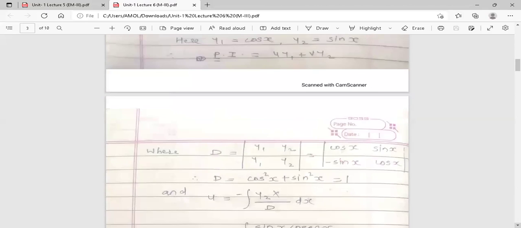Now you know the values of y1 and y2. These are the values from the complementary function. But what about u and v? To find u and v, you first find D. Now what is D?